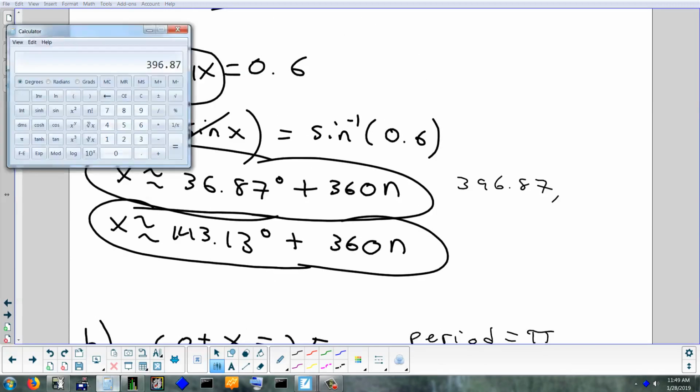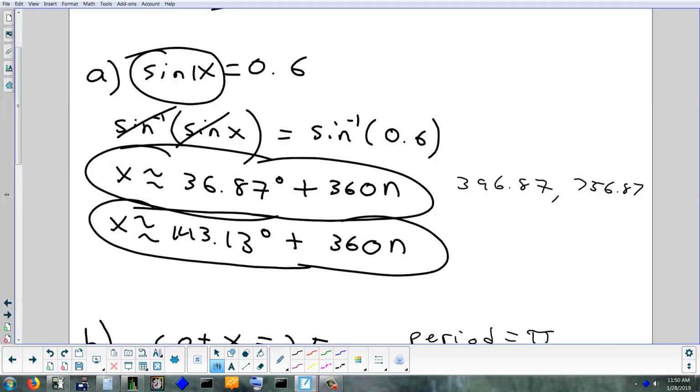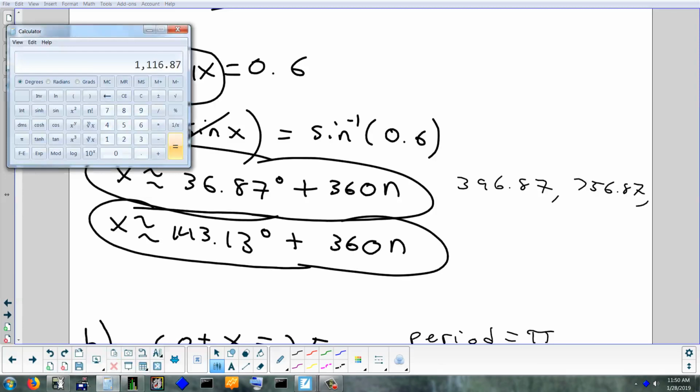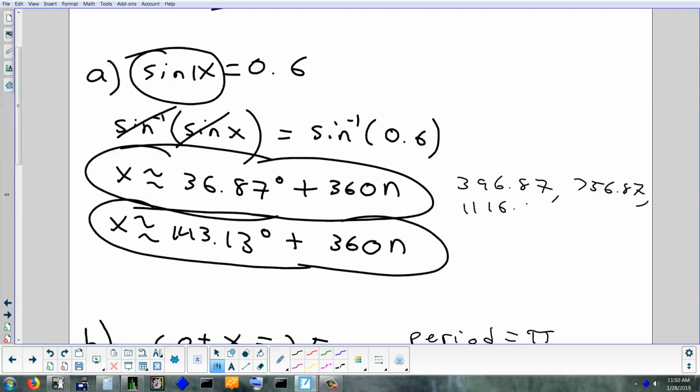The next answer after that is 756.87. Okay, and I'll list one more. The next answer after that would be 1,116.87. Those are the kind of answers I get from the first formula.